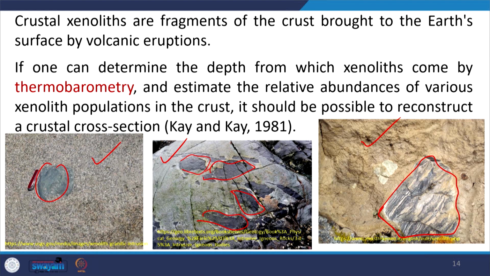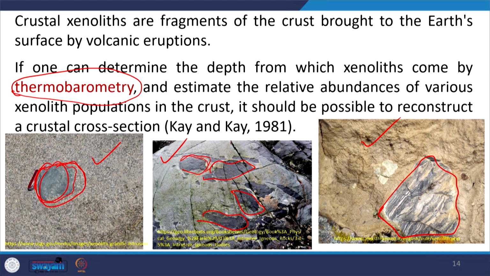Now, there is a term here called thermobarometry. Thermobarometry means determining the temperature and pressure of formation. Suppose we get a xenolith. When it interacts with the surrounding magmatic system, definitely there will be change at the periphery, at the rim.